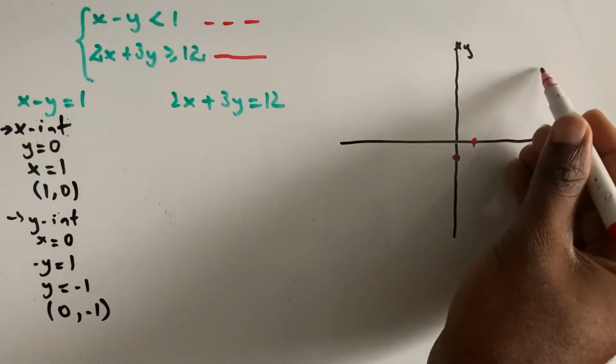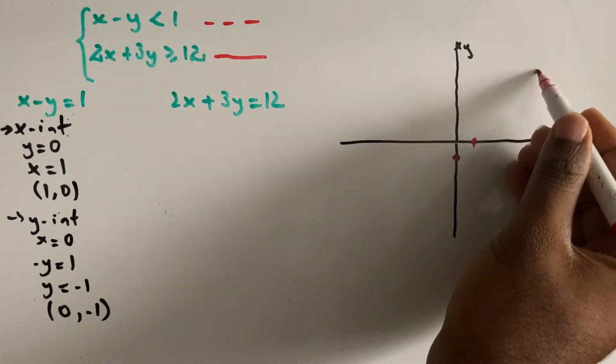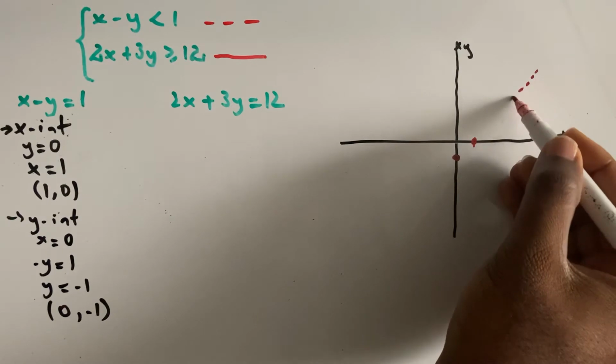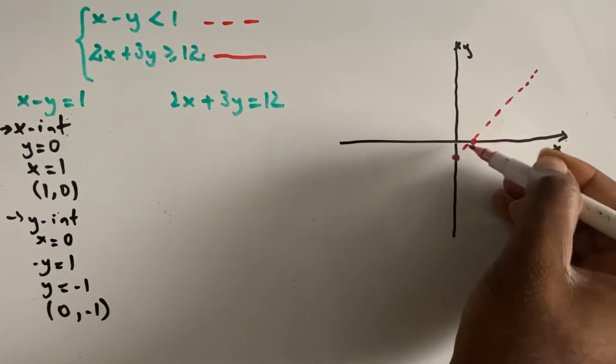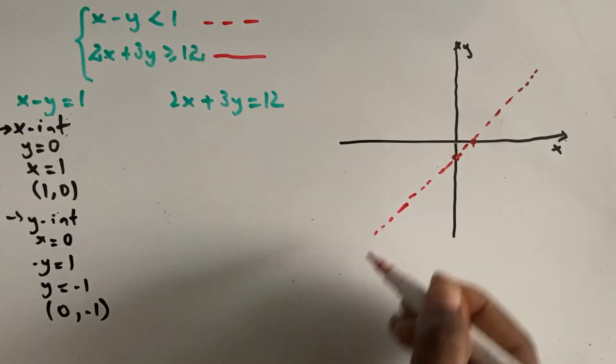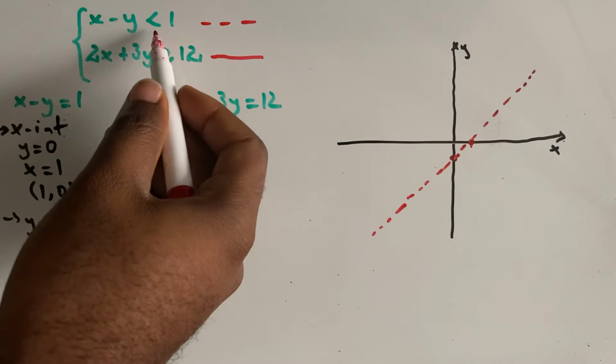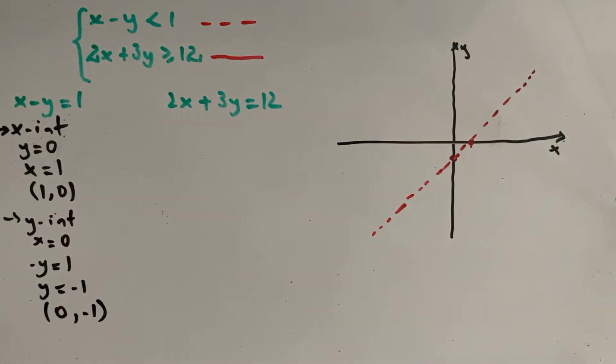So I can draw the first line. Remember, it's a dashed line. I'll draw a dashed line through the points, like this. It's dashed because it's less than, there's no equal here. It's exclusive.